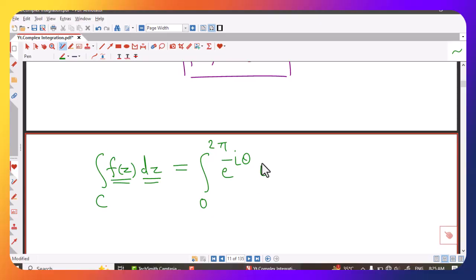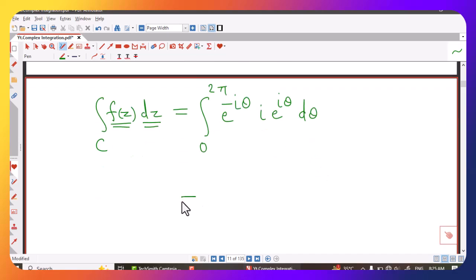So here I am writing i times e raised to i theta d theta, and we can see this i is independent of theta, so I can take it outside, and then we have e raised to i theta times e raised to minus i theta.